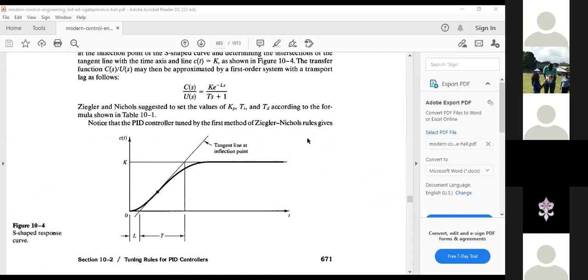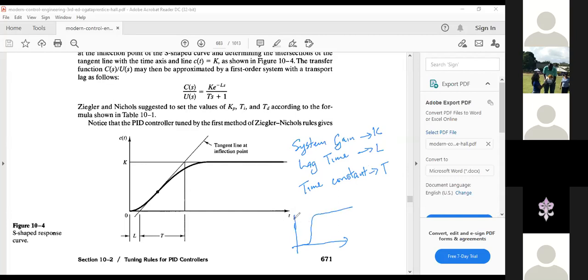All right, so we're saying system gain is K, lag time is L, and time constant is T. A better graph.